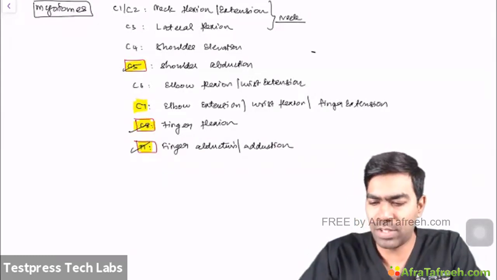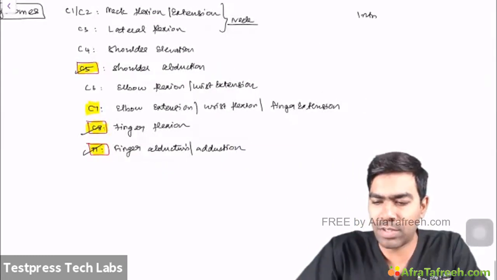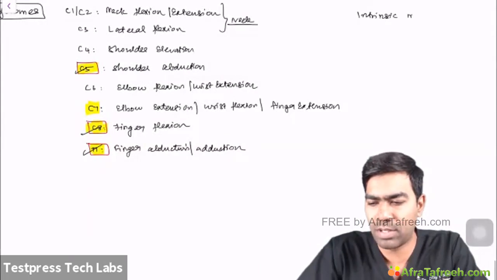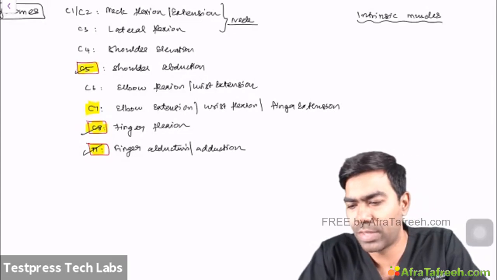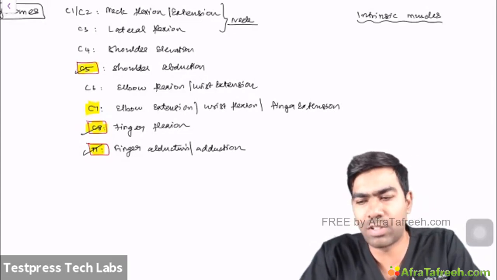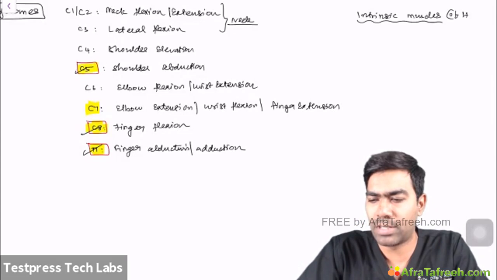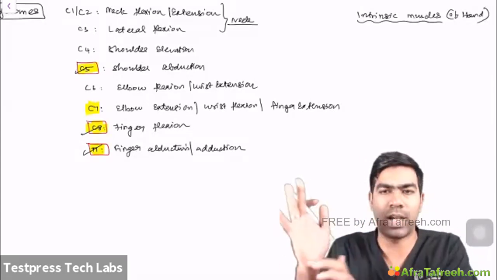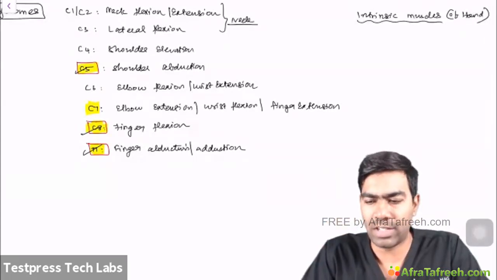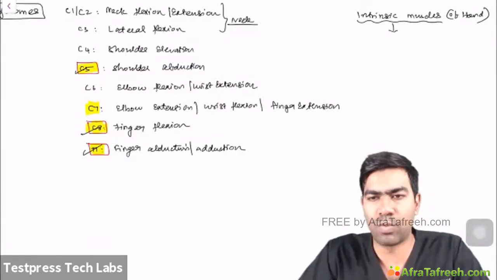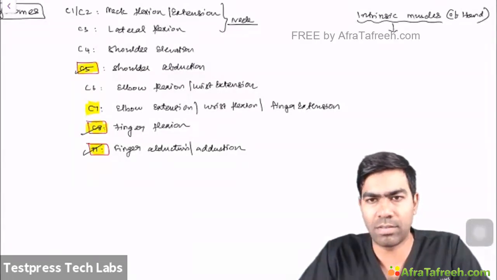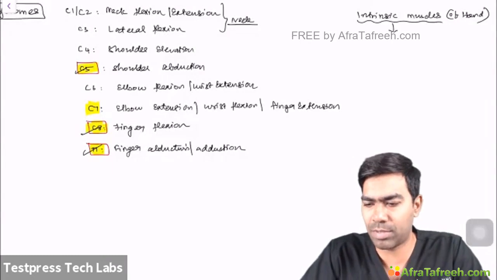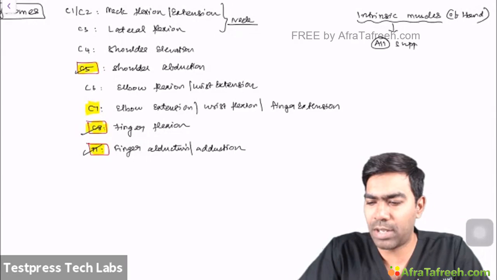One more interesting feature is they will be asking about the intrinsic muscles of the hand. I'm telling only the high yield points. I'm not telling how to check all these things. That's probably coming up in 2.0. But you have certain intrinsic muscles of the hand, these small muscles within the hand. One important thing that is very commonly asked in exams is that almost all the intrinsic muscles of the hand are supplied by the T1 nerve root.